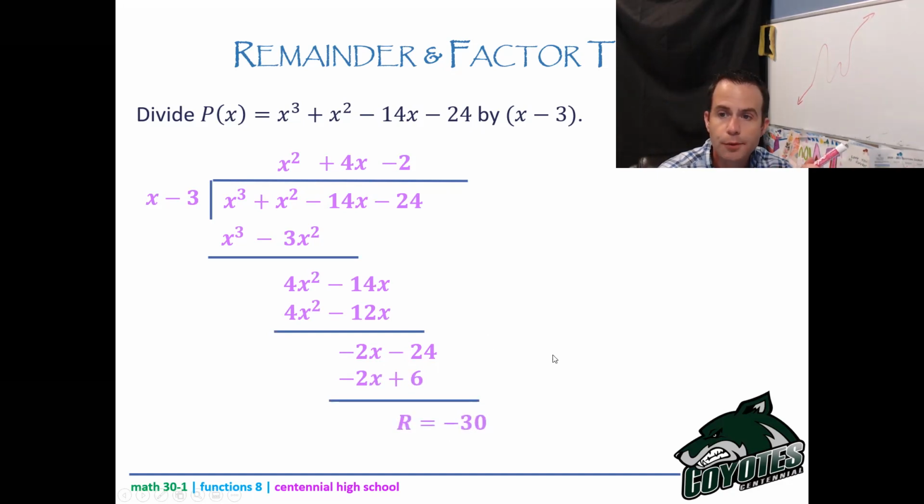Okay, so if I was to now create a division statement, just like I did with that 155 divided by 3 on the previous slide, I would say, okay, this divided by this will equal this minus 30 over this, because that 30 never got divided by the x minus 3.